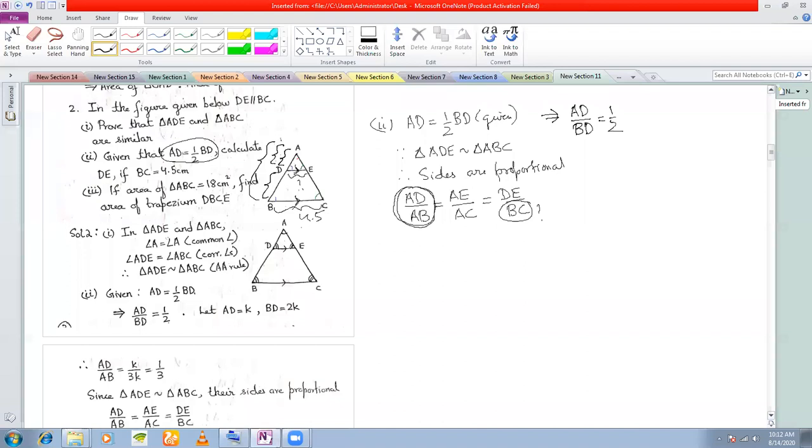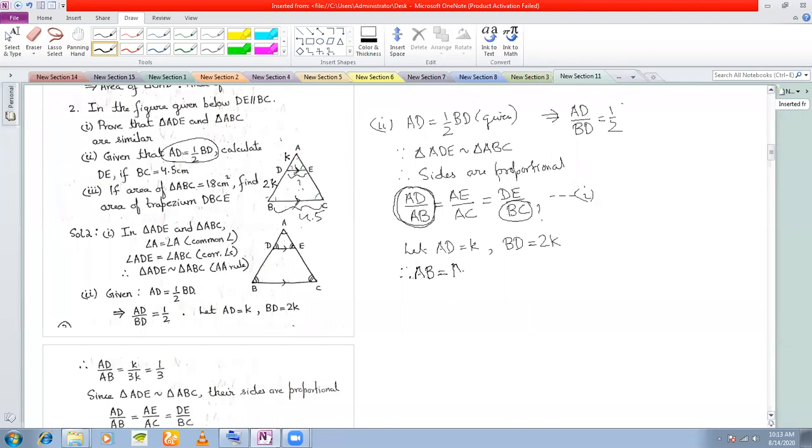Now, this is a very important technique that you must remember. Whenever such a thing is given, see, AD by BD is given to you. So what you assume is, call this relation 1. So let AD be equal to K. Since the ratio of AD and BD is 1 is to 2, I can take AD as K and BD as 2K. So what is AB?